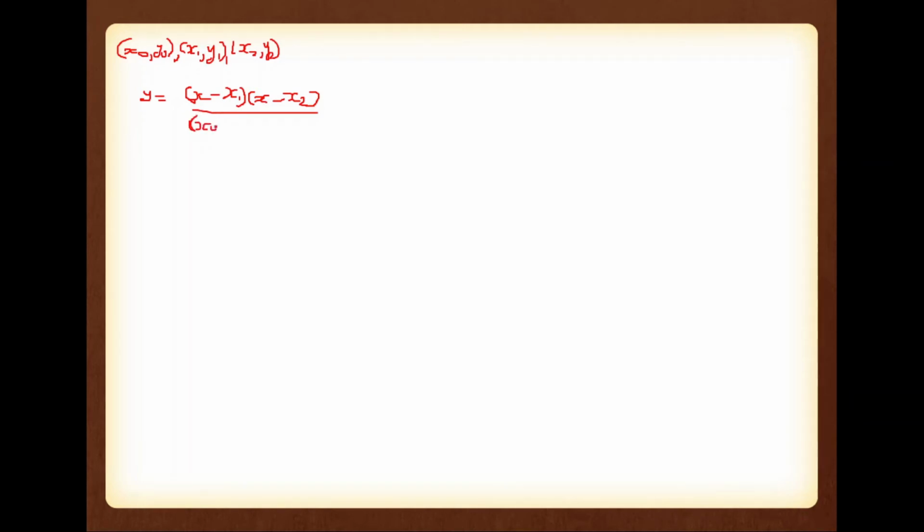Why are we replacing x with x0? Because this element corresponds to y0. So we have x0 minus x1 into x0 minus x2. So this is the first element. You can see that these two are the additional things in this element.